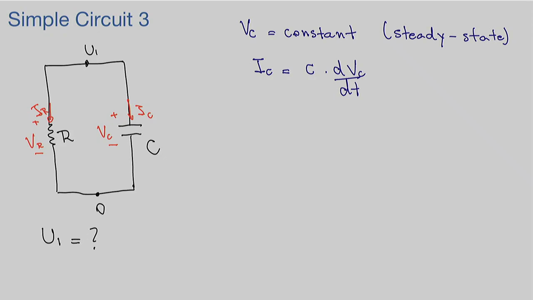Steady state means the voltage, in this case, is constant. If the voltage is constant, that means that this term here goes to 0. Yes? That means the current in the capacitor is 0.